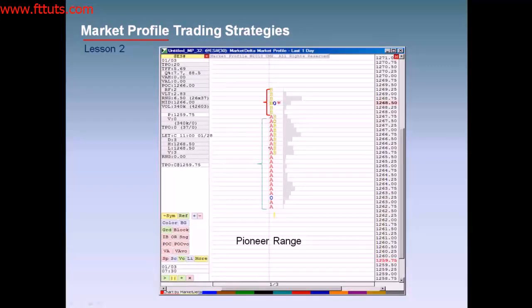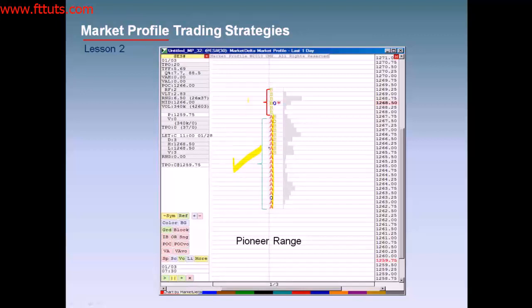All right, since a picture is worth 1,000 words, let's take a look at what a pioneer range means. We have two pioneer ranges here. First of all, when we only had the A period, those were all brand new TPOs in that session, and therefore they gave us our first range. And that was, in fact, a pioneer range.